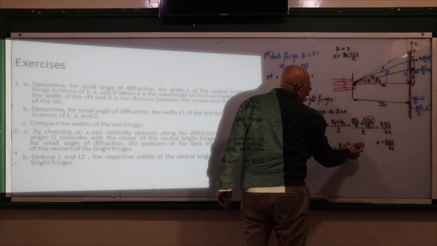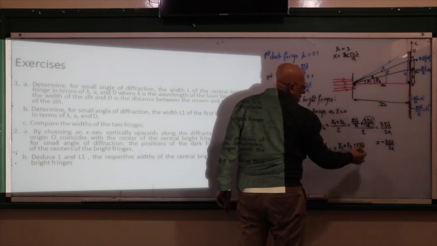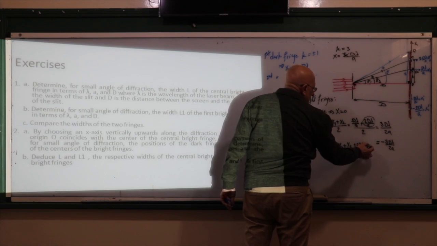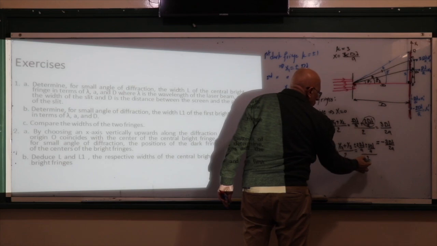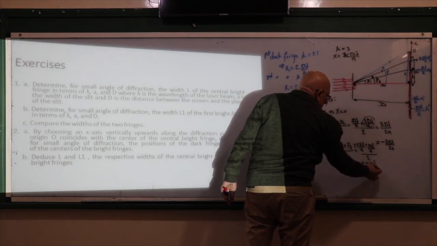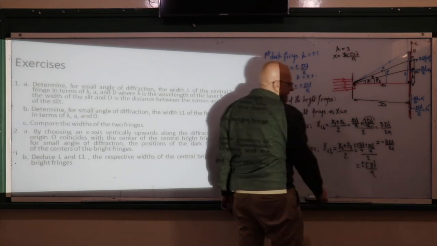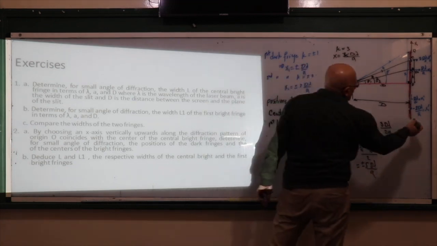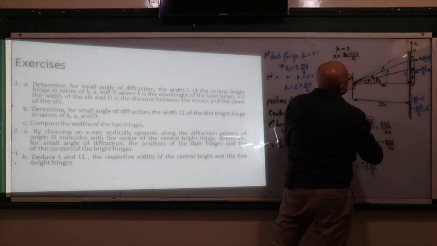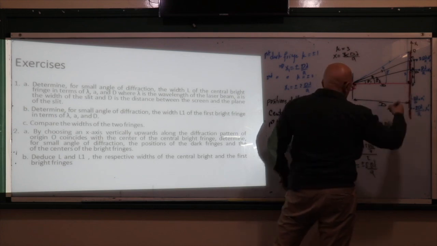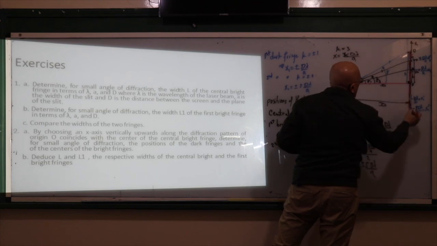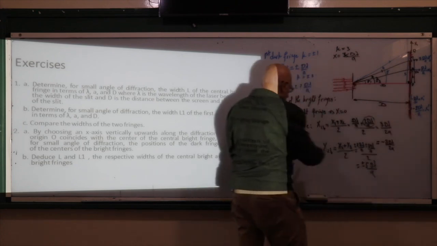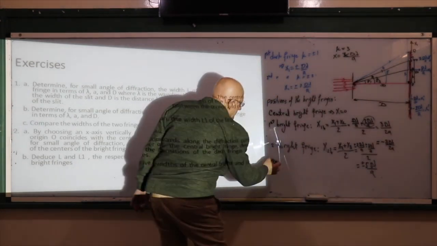I can put the plus or minus for both, plus minus (2D lambda over a plus 3D lambda over a) over 2, and you get plus minus 5D lambda over 2a. This is one for the second bright, which is here, and one is here, and you can deduce the others.